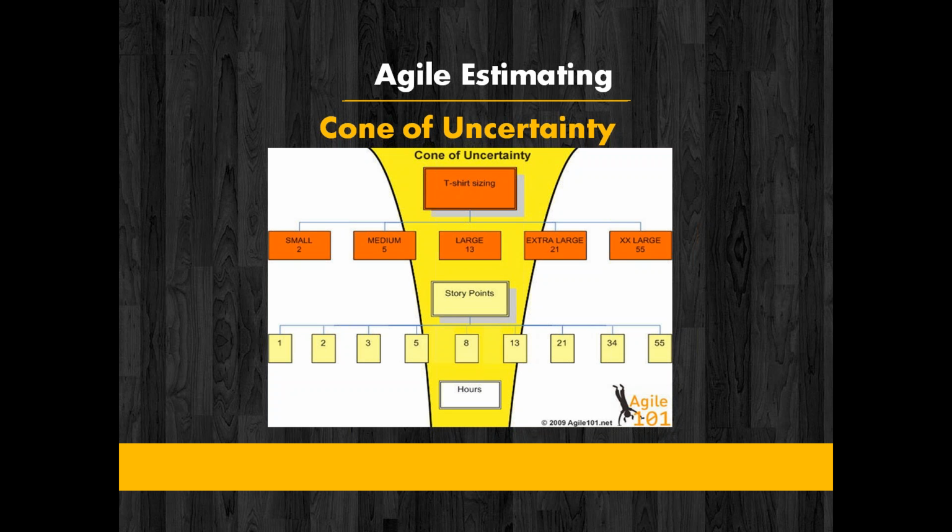Then you divide them into story points. As I explained earlier, this particular story is twice as large as the other story, or thrice as large as the other story. So the number which you use here for relative estimation is called story points. And finally, you divide it into tasks, which are done with hours estimation.